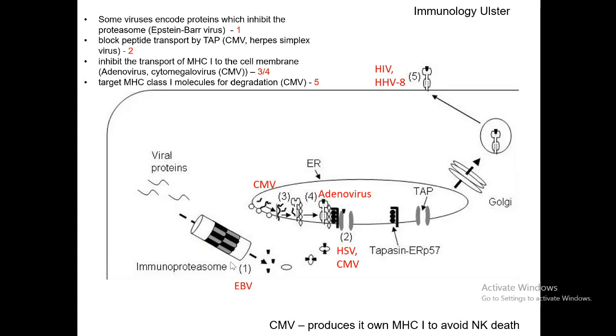Other viruses, such as CMV and herpes, can inhibit the TAP receptor. And of course, the TAP receptor is pivotal to transporting the epitope of the virus into the endoplasmic reticulum and subsequent loading onto MHC1. So the fact that some viruses can inhibit that process will mean that the virus never gets presented. And there are other viruses as well that will inhibit MHC1 migration to the cell membrane.